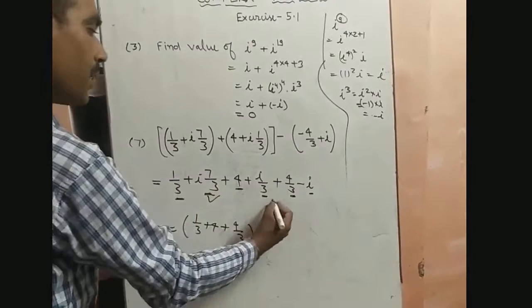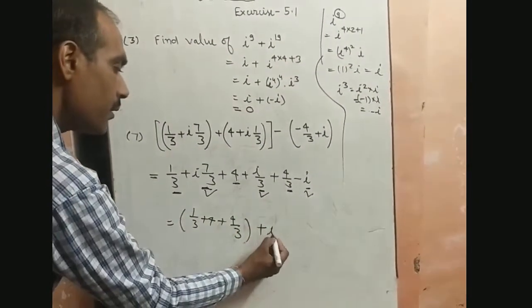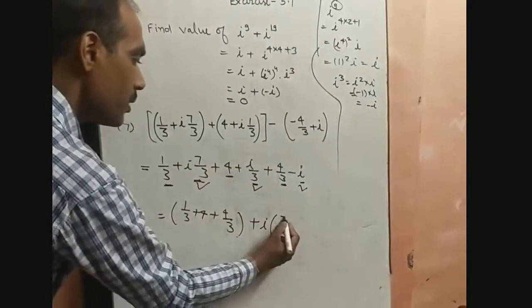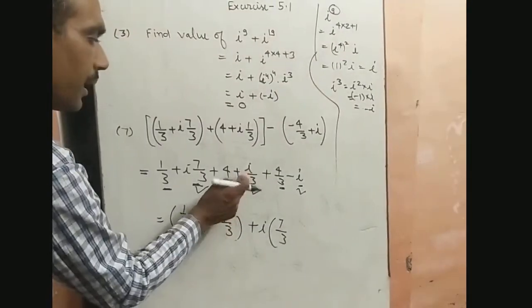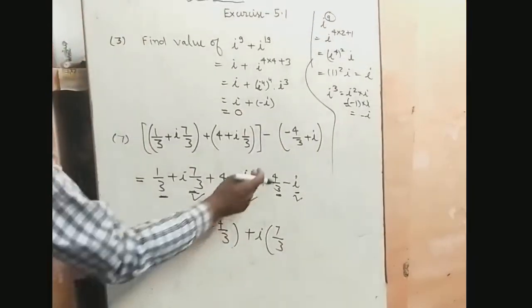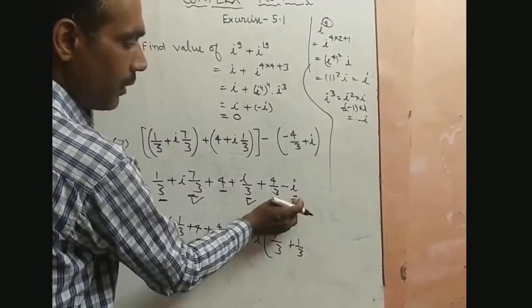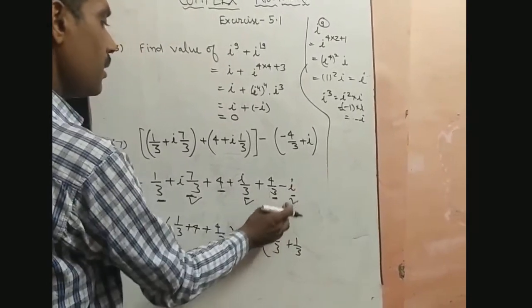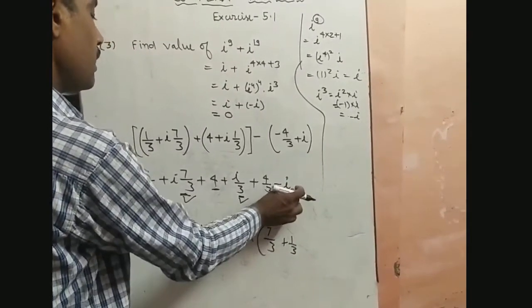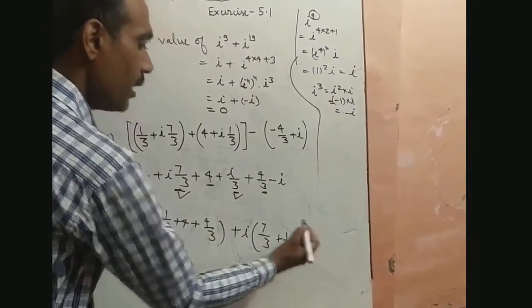And in these parts take i as common, then 7 by 3, and then what is left here: 1 by 3 plus 1 by 3. And when we take i common from the last term, minus 1 is left.